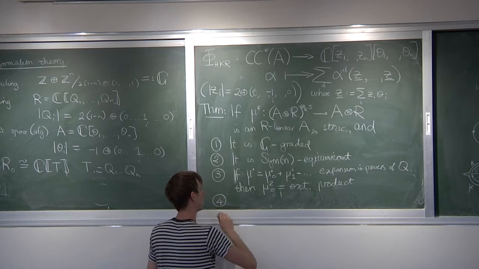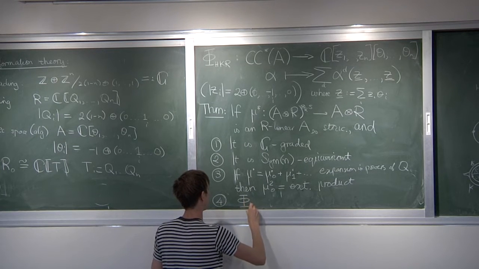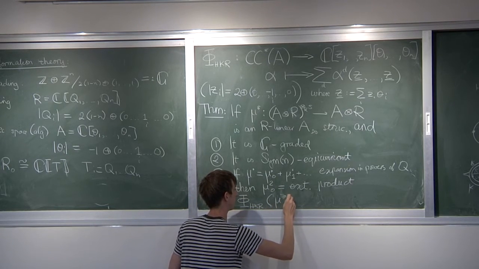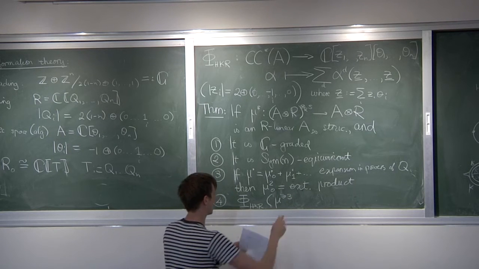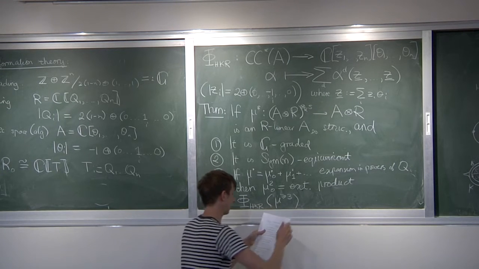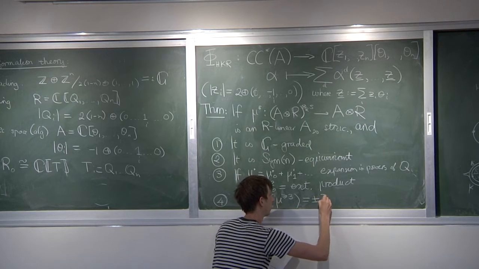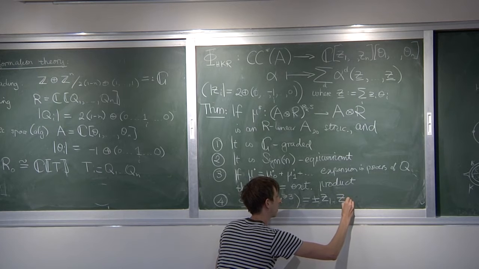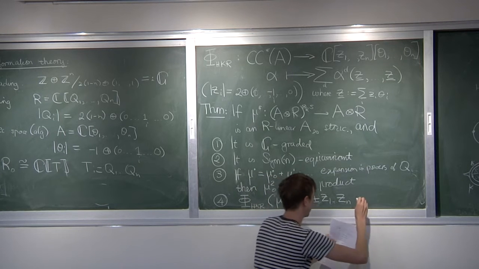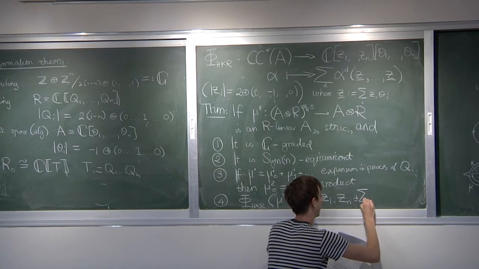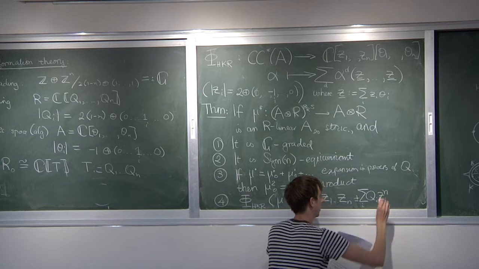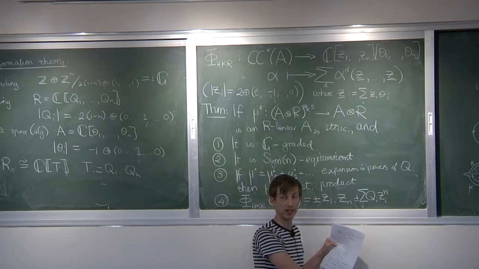Finally, if we take the HKR map and apply it to mu_s for s greater than or equal to 3, we should get the product of Z_1 through Z_n plus the sum of q_i times Z_i to the n.